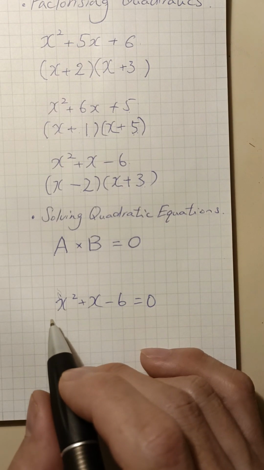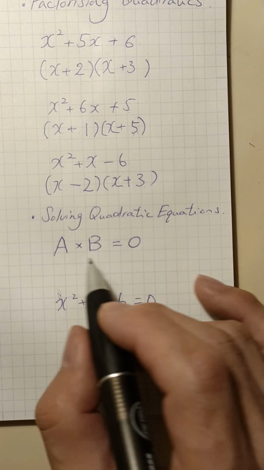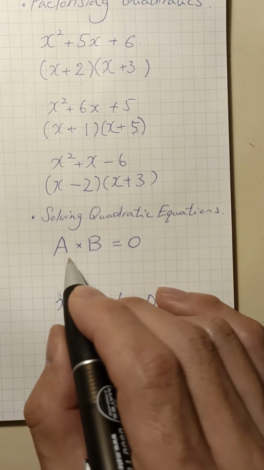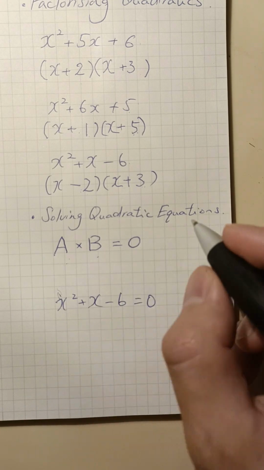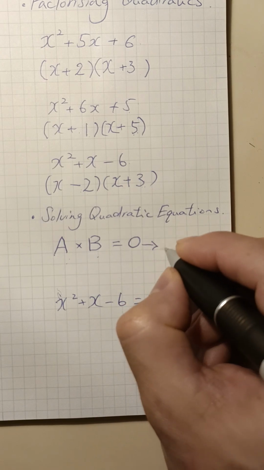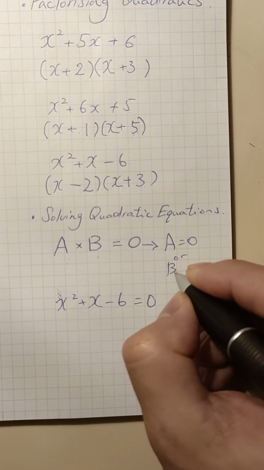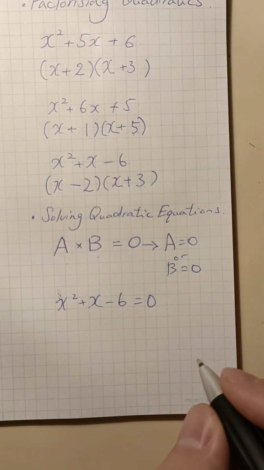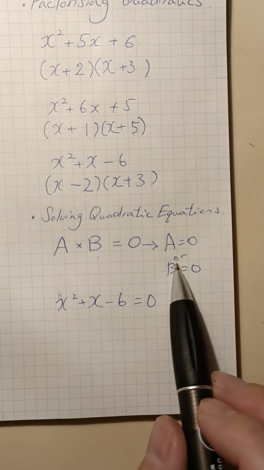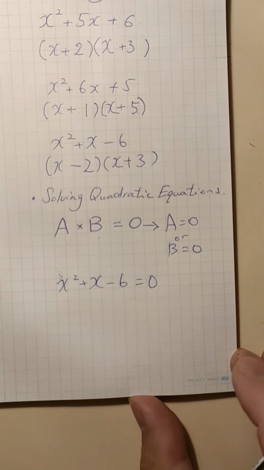To solve this one, you need to understand this logic: if a times b is 0, that means a equals 0 or b equals 0, isn't it? We are using this logic to solve this question.